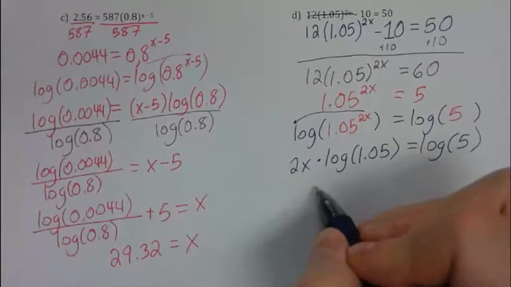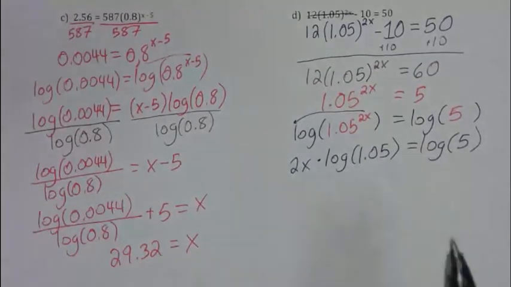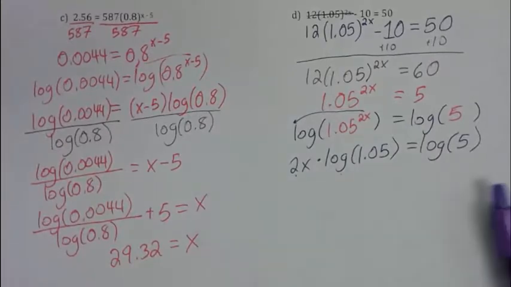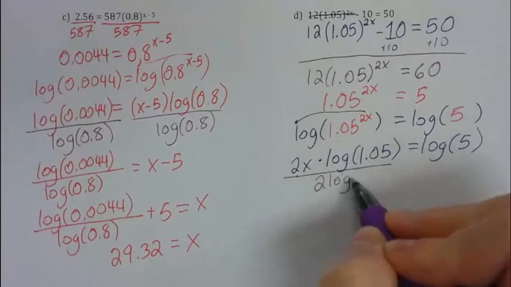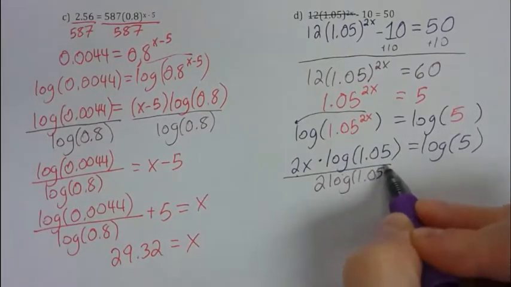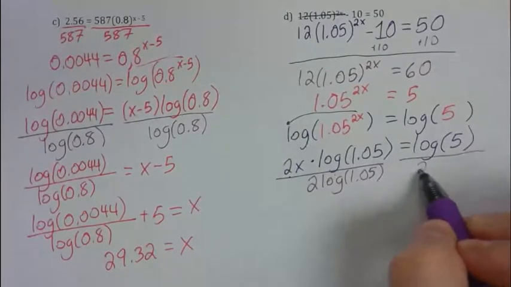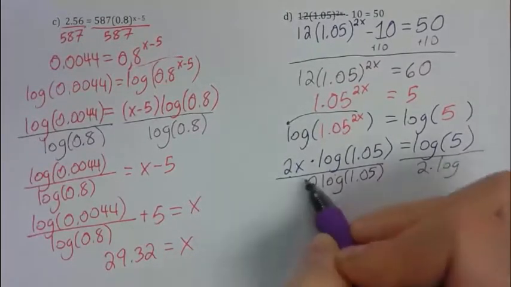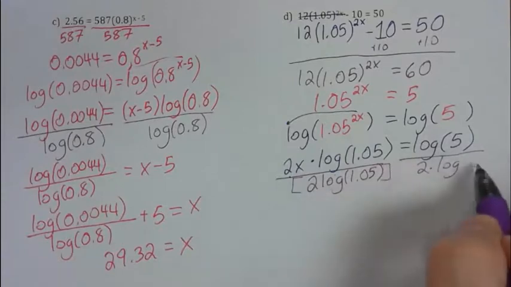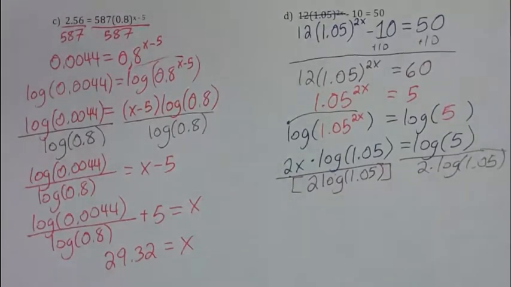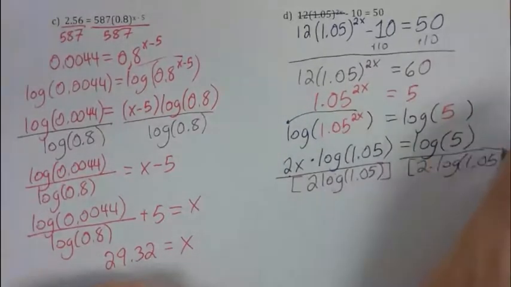And then we are just dividing by 2 and by that logarithm. So the denominator on the right side is going to have both. So we are dividing by 2, and we're also dividing by log of 1.05. So we have that set up there, and notice I put brackets around our denominators.